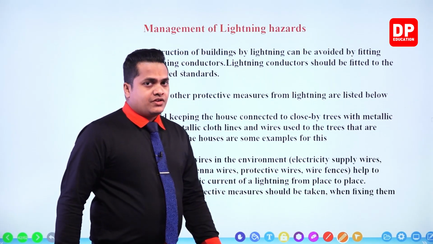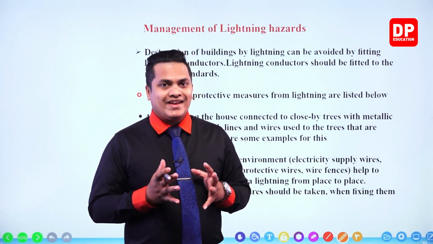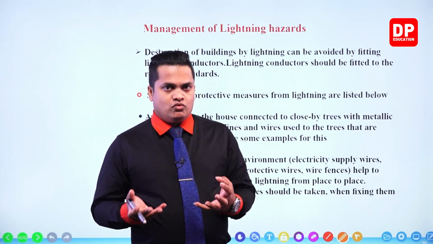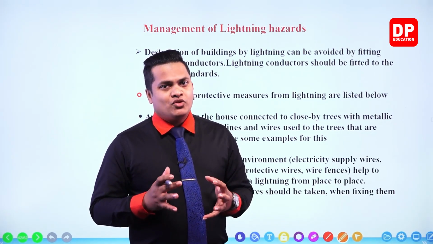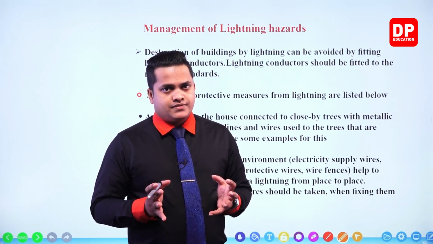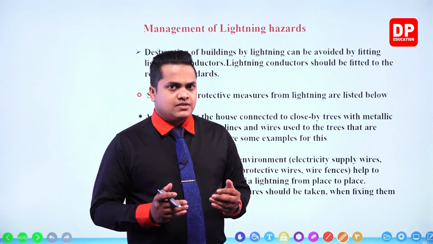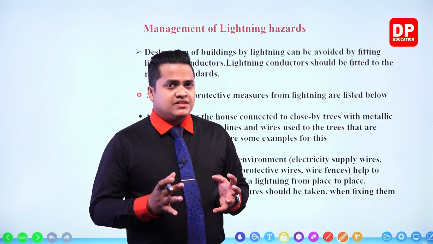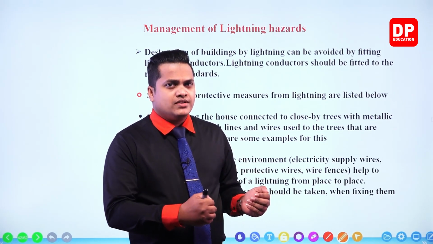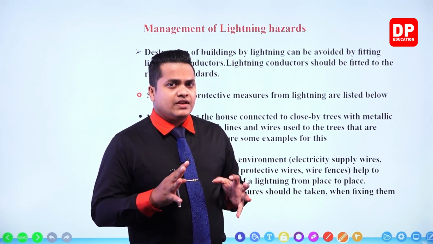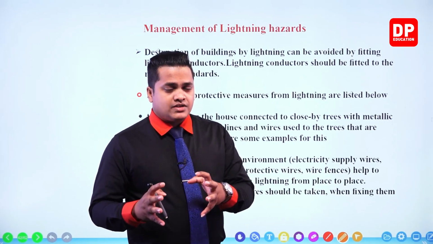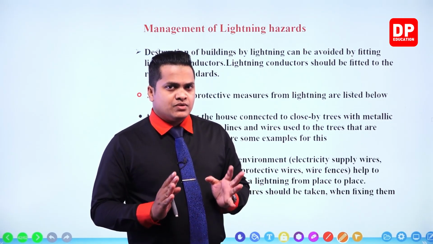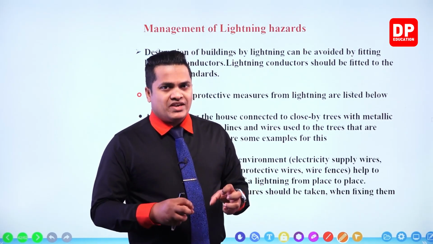Like I said, my dear children, lightning is a type of electrical discharge, or movement of electricity. Electricity would like to travel through conductors. So if a certain house is near certain types of wires, then the risk of getting an electric shock or lightning effect is going to increase, because these wires are conductors.